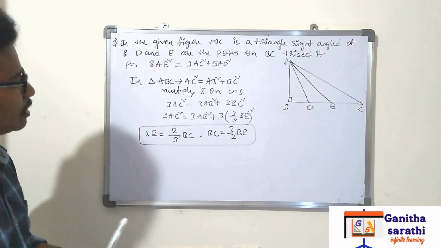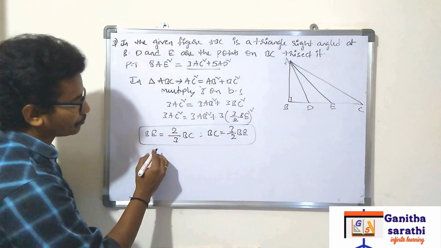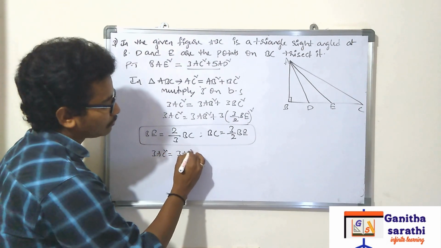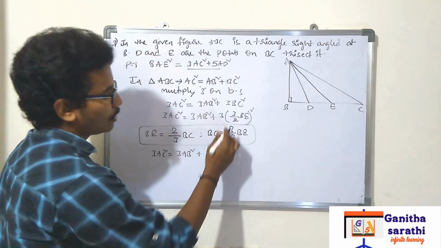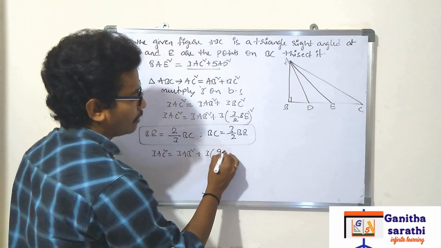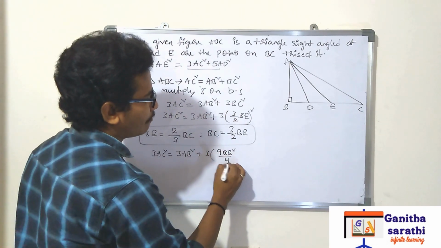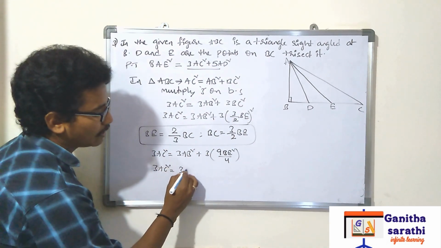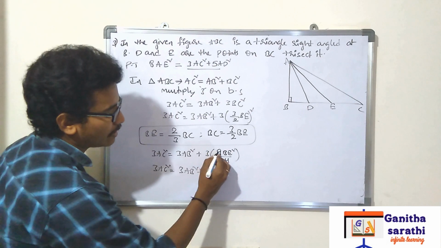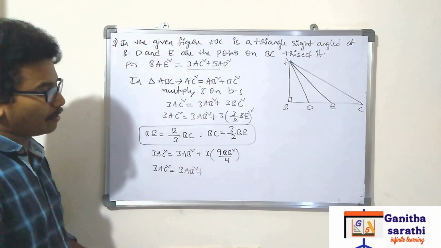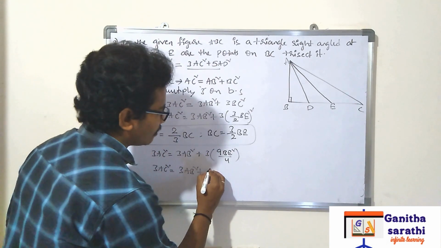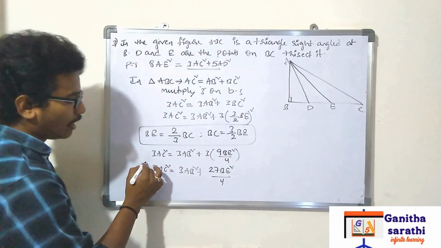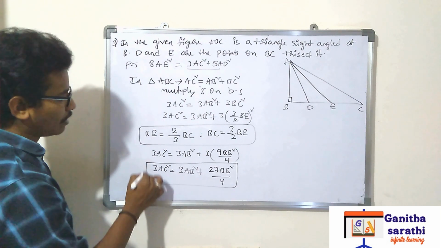Now 3AC square is equal to 3AB square plus 3 into 3 square means 9 BE square by 4, since 2 square means 4. So 3AC square is equal to 3AB square plus 3 9s are 27 BE square by 4. Now take this one as equation number 1.